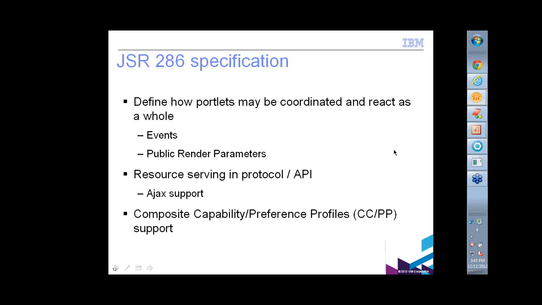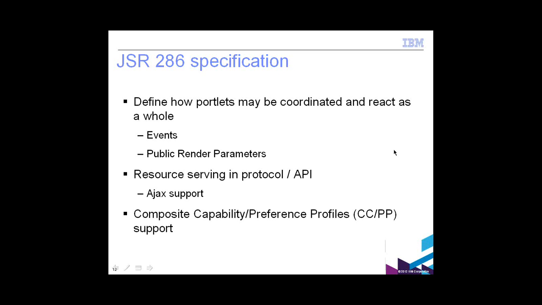So I can distinguish if it is an Android device, I can even distinguish between the resolution, the screen size. I can go down to that level. So in that sense, the CCPP profile gives me a lot more detail about the client and allows me to handle the request accordingly.